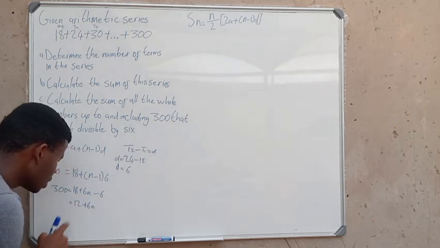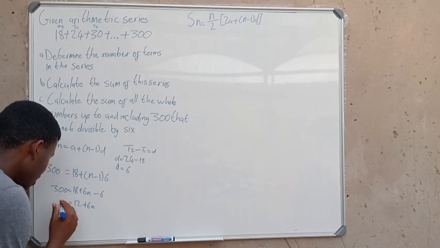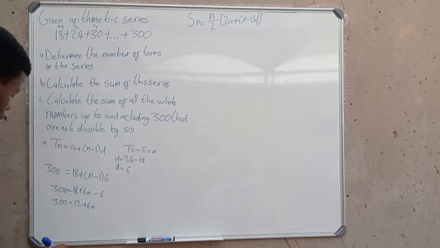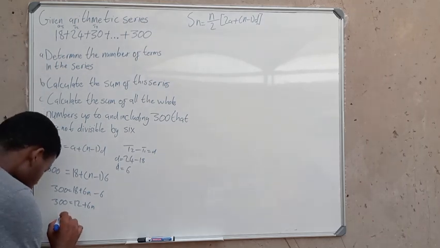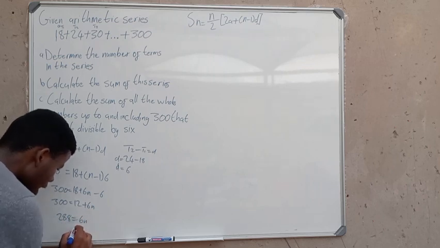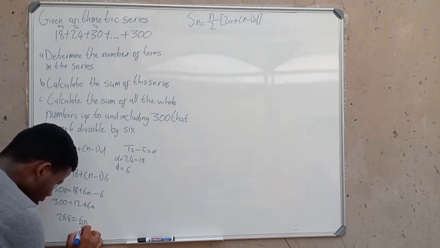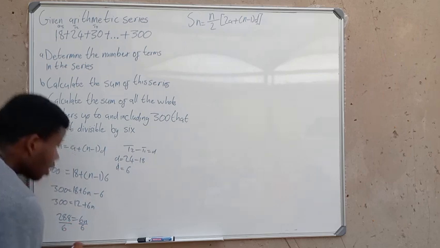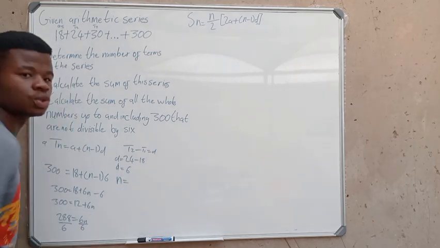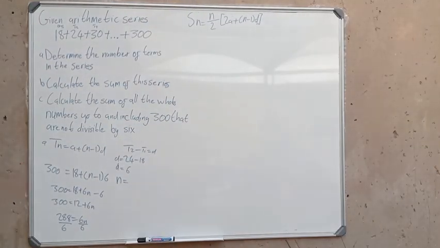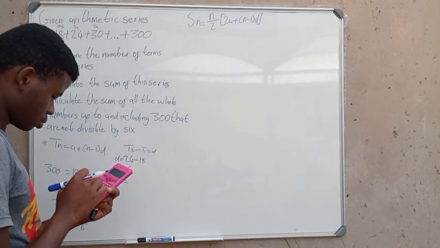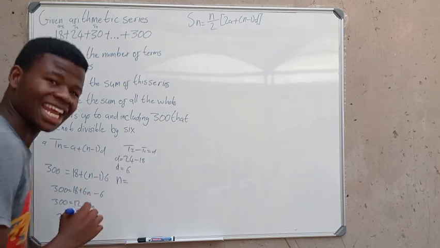When I transpose this 12 over, it's going to give us 300 minus 12, which is 288, equals 6n. So you divide by 6 on both sides, and my n is going to equal 48.